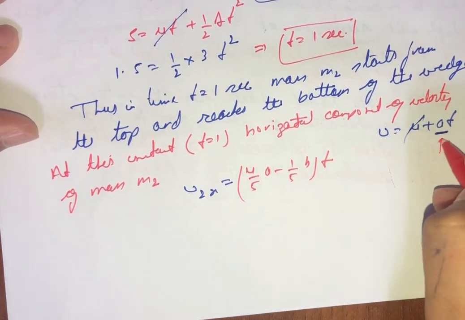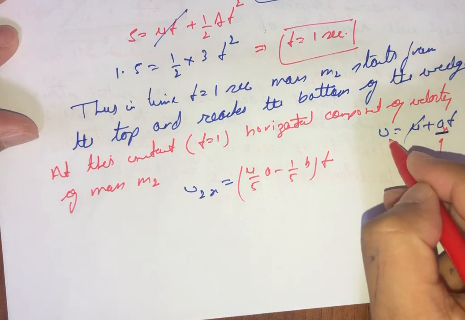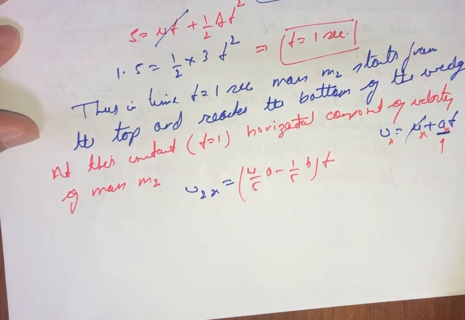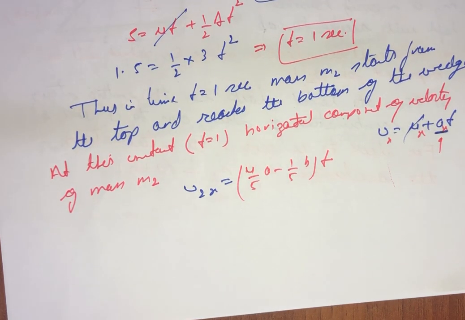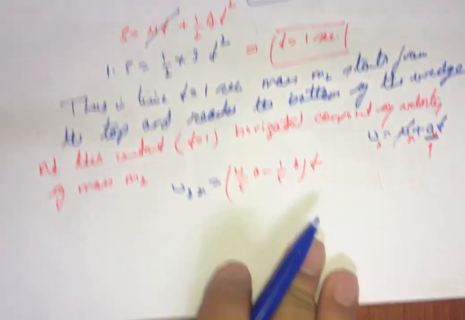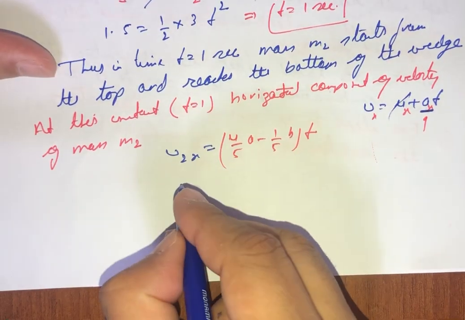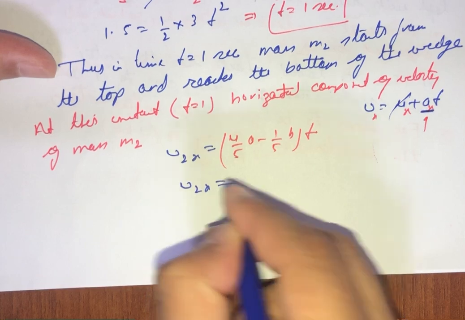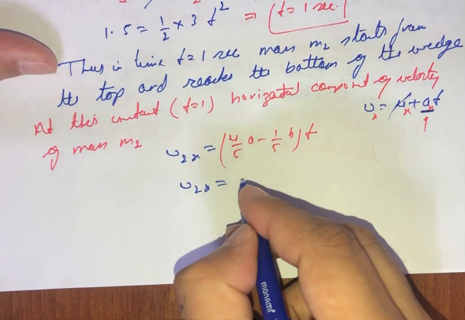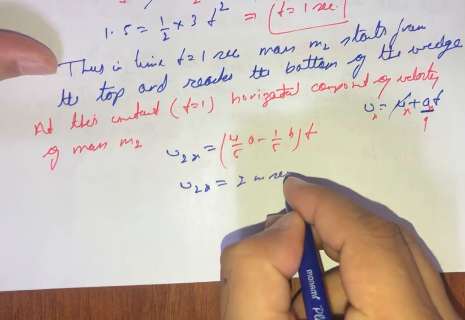Putting t as 1 second and substituting the values of A and B, v2x will be equal to 2 meter per second.